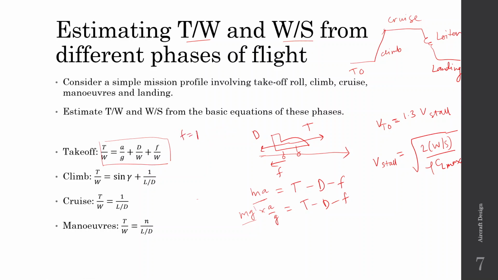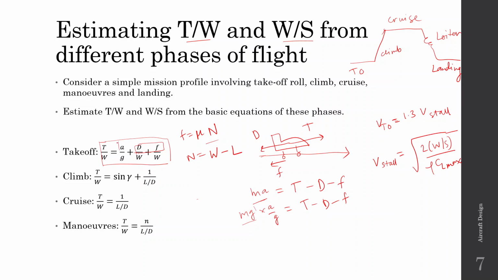The friction force is equal to mu into N, the normal force, and in this case the normal force is equal to weight minus lift. So both the friction force and the drag force vary as the aircraft is accelerating. So this is not as simple as it is written in the equation, but as a first approximation you can consider it like this.